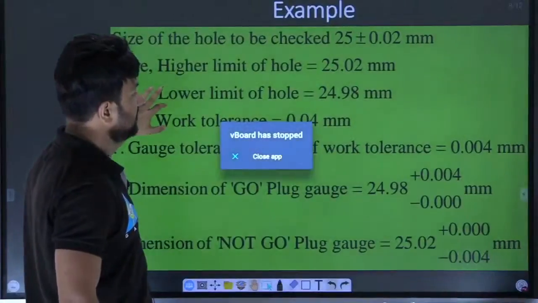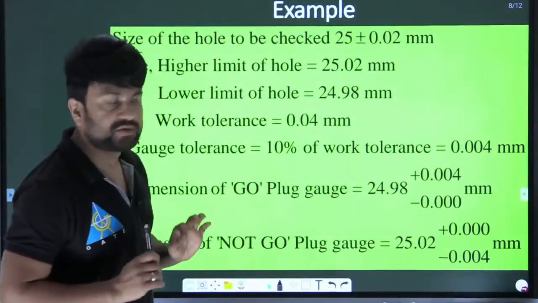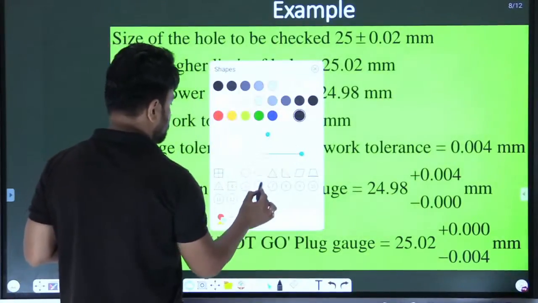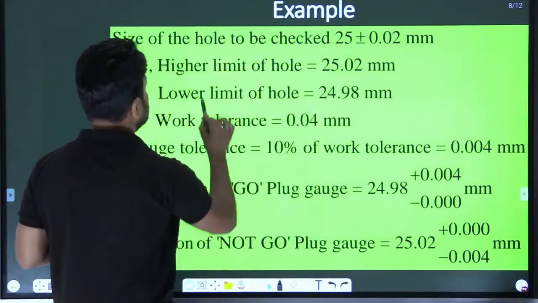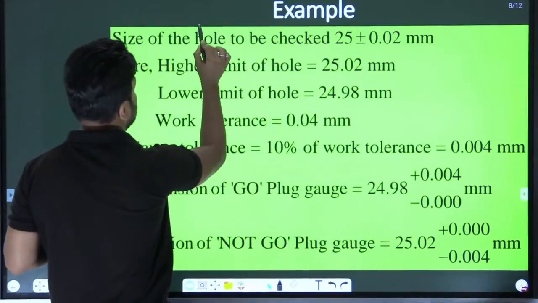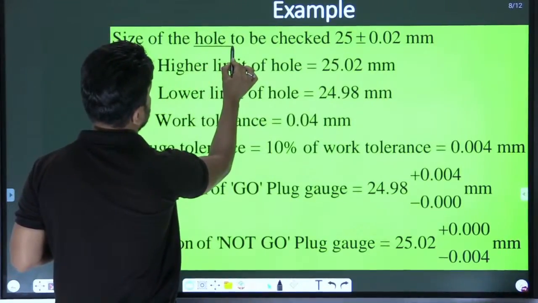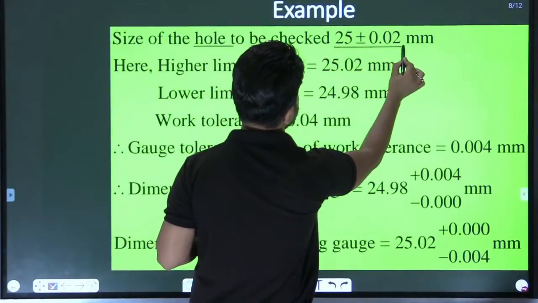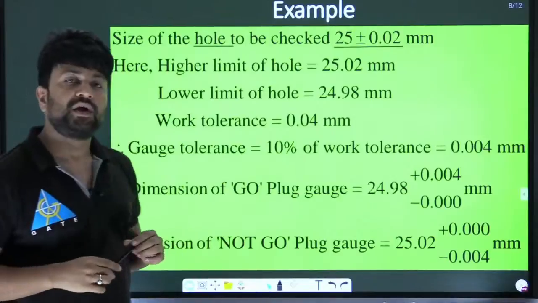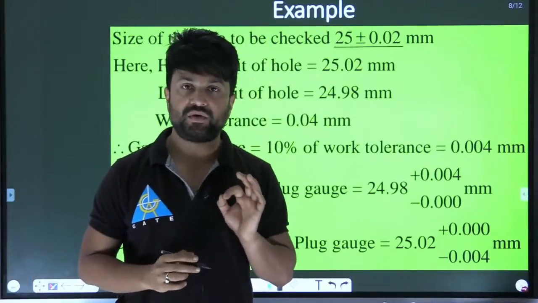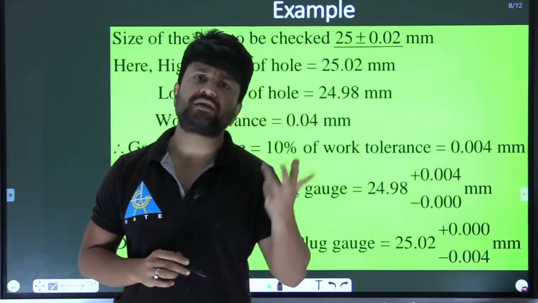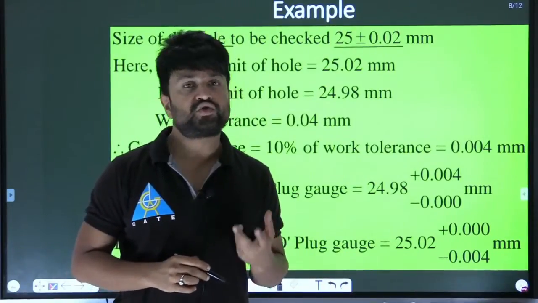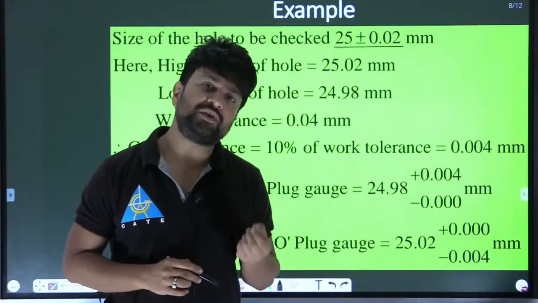Suppose it is given to you that a product is there, the product is a hole, and the hole dimension is given as 25 plus minus 0.2, and you have to produce 1000 units and check 1000 units. So for a hole, what gauge do we use? Plug gauge.